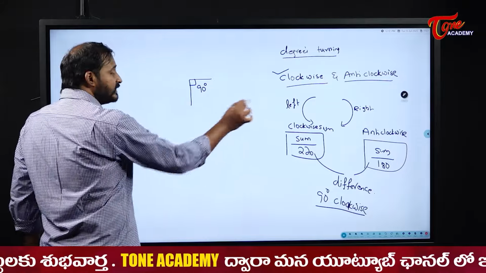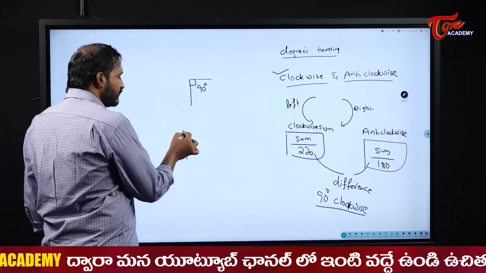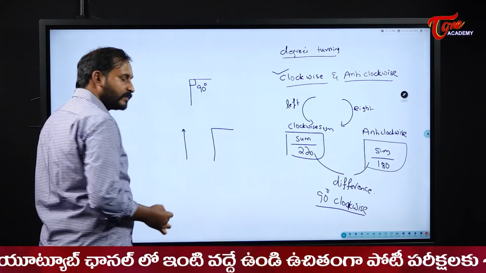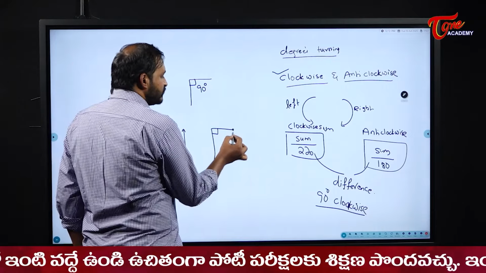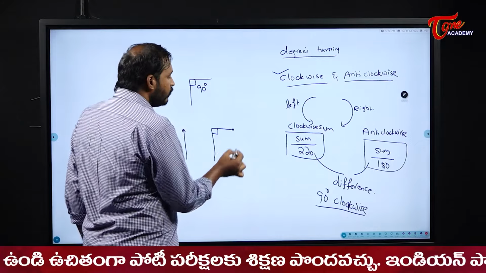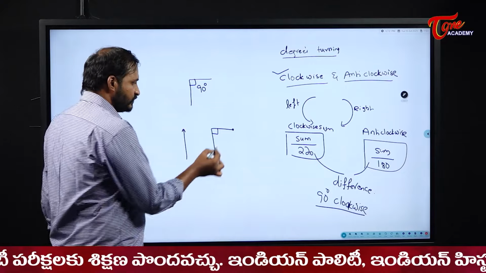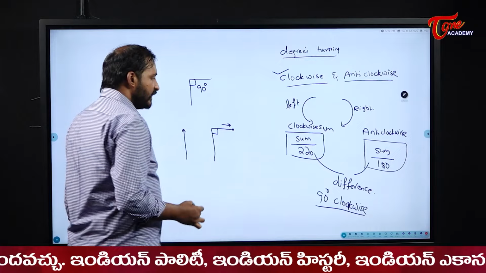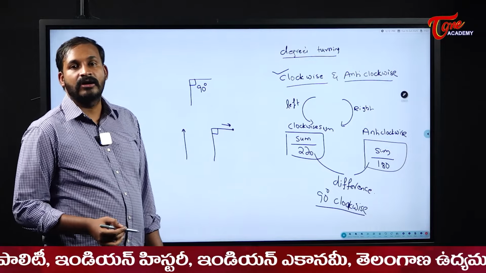Next thing, in this anti-clockwise and clockwise, sometimes they will say that a person is moving in the northward direction, took a right turn, and then from this position he moved 45 degrees in the clockwise direction. He is moving in this direction, students, and from this, he took 45 degrees clockwise.